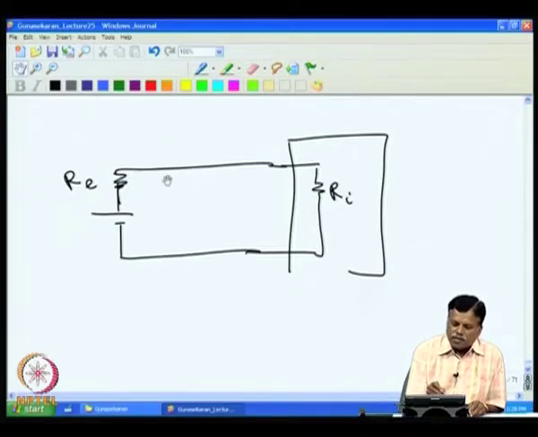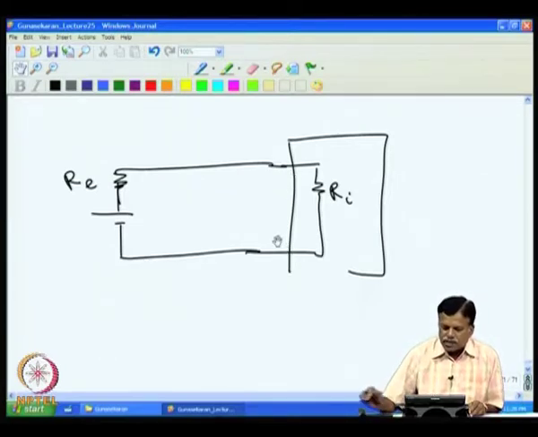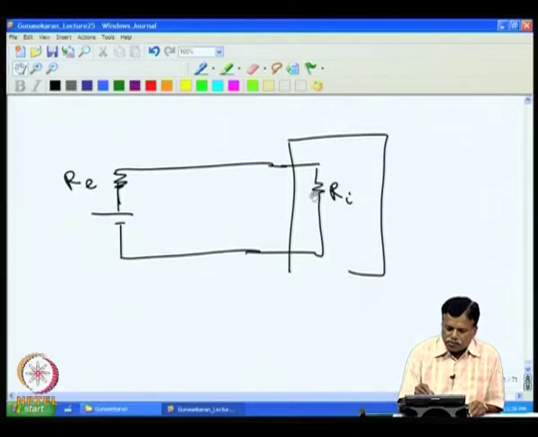That means we get less voltage across the instrument. So the input resistance of the instrument matters very much when Re is large, because otherwise there will be a lot of voltage loss.